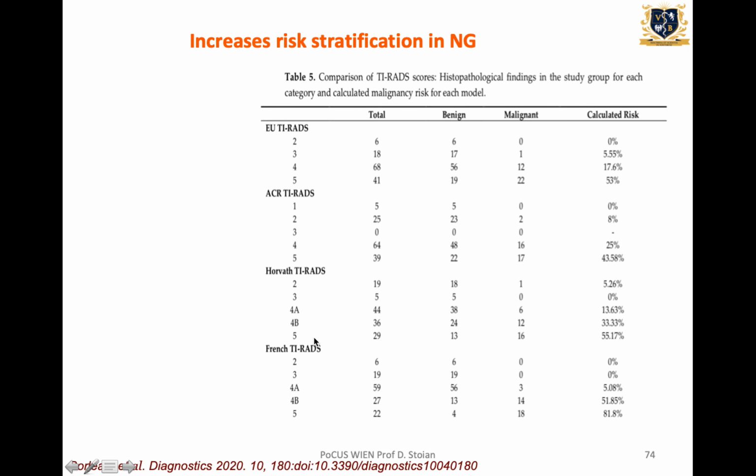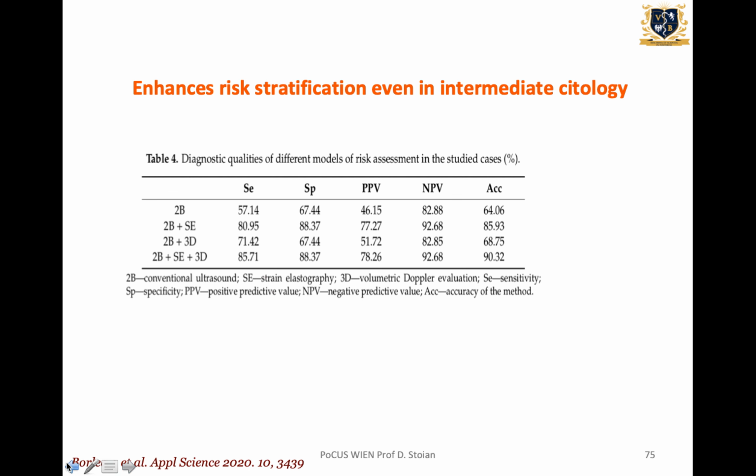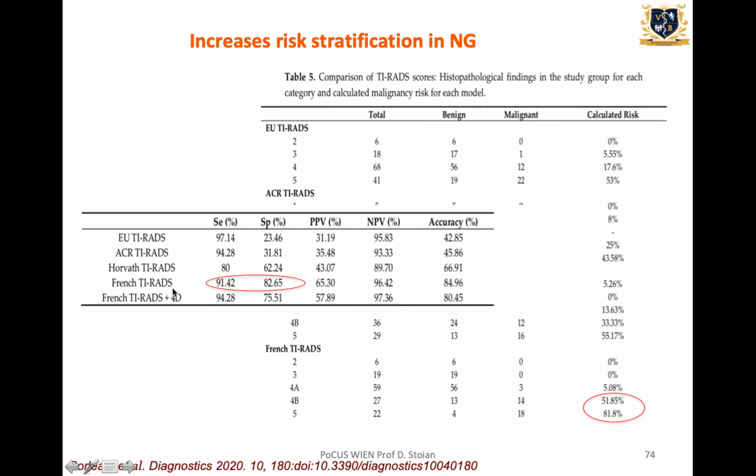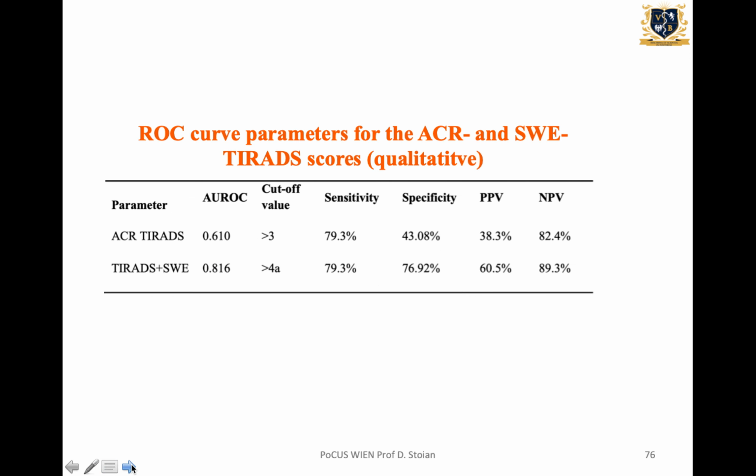For example, the French TIROID, which has the 6 risk characteristic, high stiffness, has a better calculated risk capability of differentiating cancer from benign lesion when referred to this model, and especially when we look here, sensitivity and specificity significantly better for the combined ultrasound with elasto risk stratification than the other ones. This is valid also for intermediate cytology, so combining the information of elasto will enhance your diagnostic accuracy.